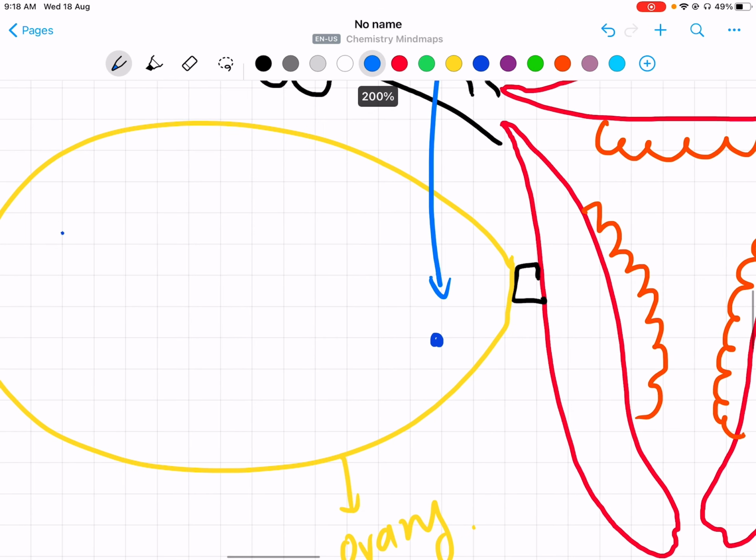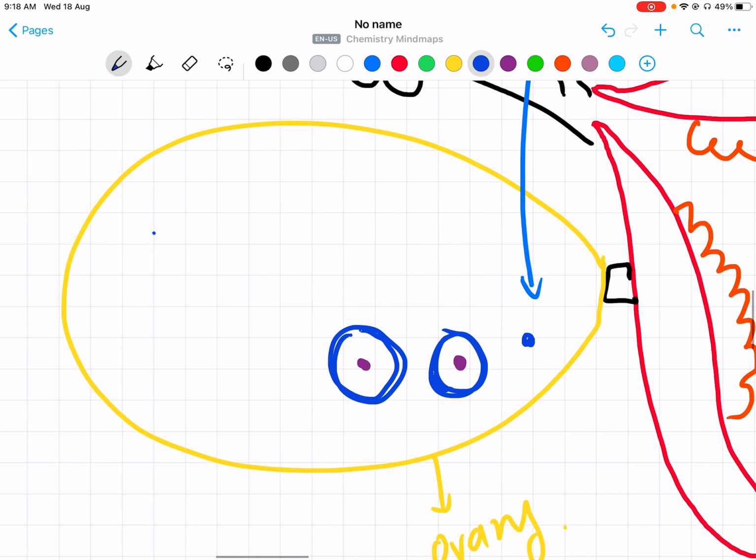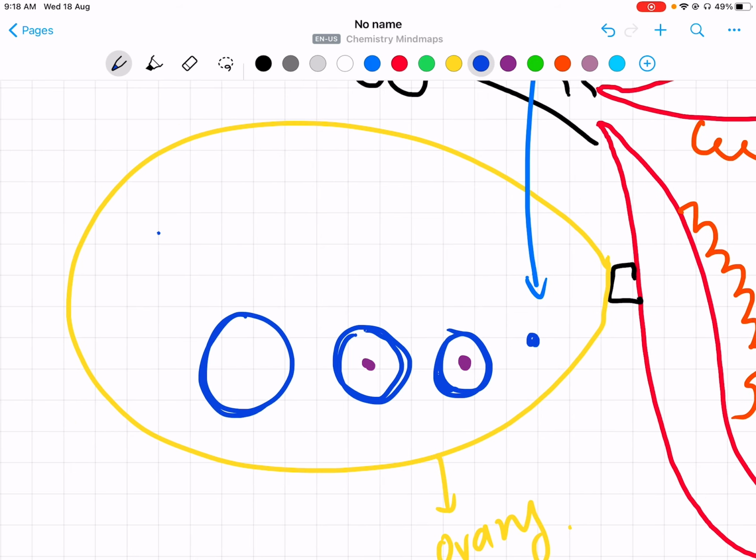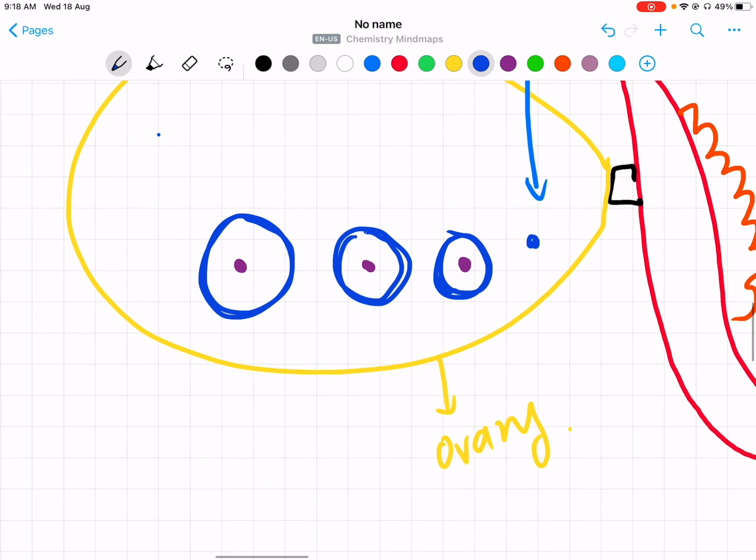FSH causes the gamete to develop into a primary follicle. Then the primary follicle develops into a secondary follicle, and then the secondary follicle develops into a Graafian follicle. This is the important one. The Graafian follicle has a fully developed egg in it.